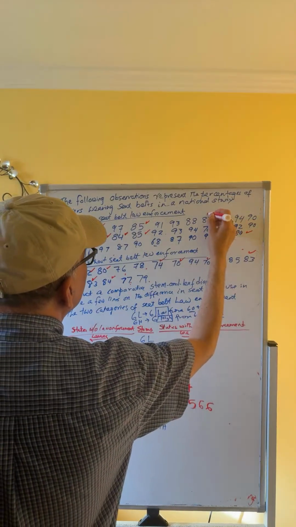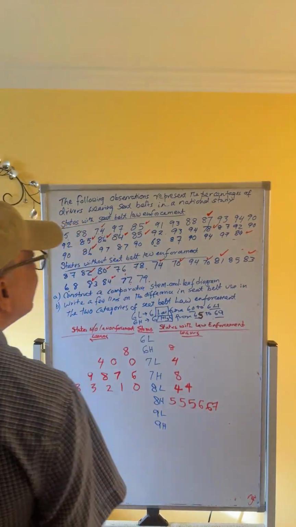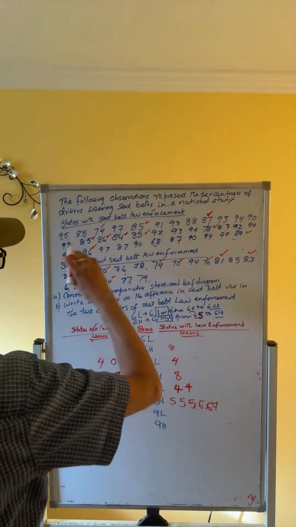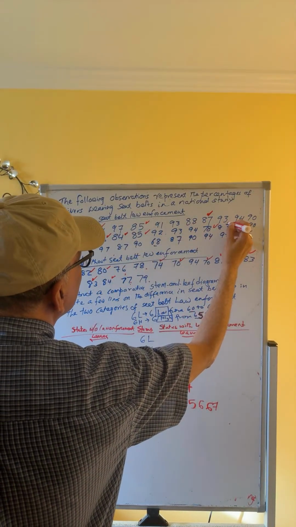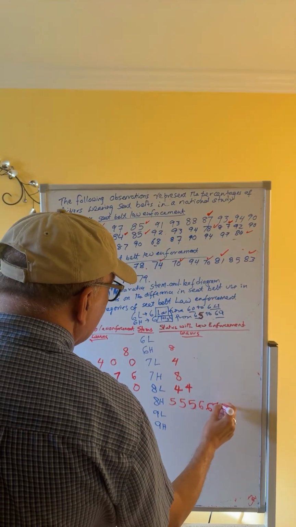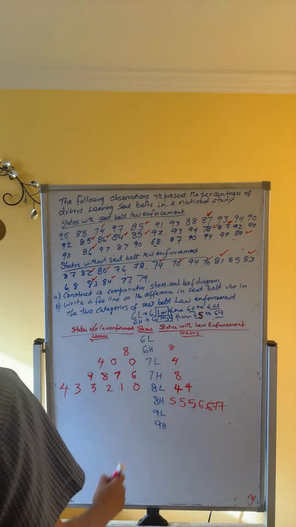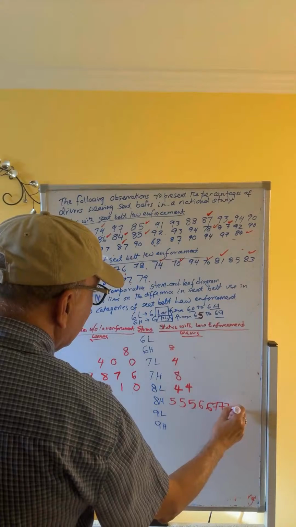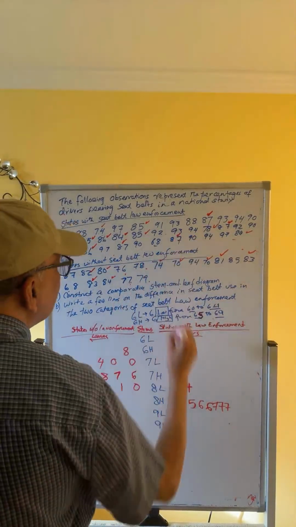There is 1 87 over here. So 1 7. Any other 87? There is 87 over here. Then there is 87 over here. There is 87 over here.